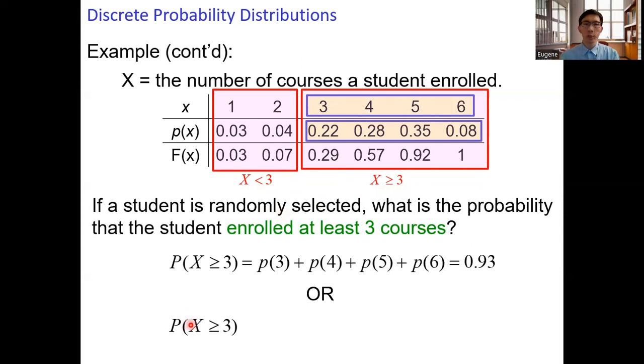So the probability of X greater than or equal to 3 equals 1 minus the probability of X less than 3. And the probability of X less than 3 is the CDF evaluated at X equals 2, and F of 2 equals 0.07. So the expression 1 minus F of 2 equals 1 minus 0.07, which equals 0.93.